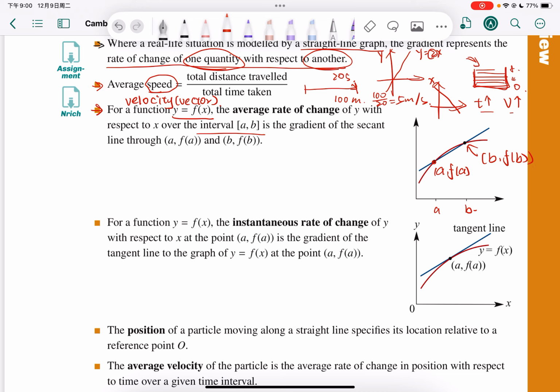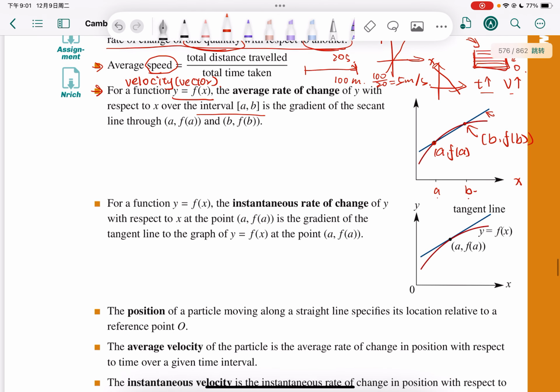So what it's saying is the gradient of the blue line over here represents the secant line through this point and this point. This gradient is called the average rate of change from x equal to a to x equal to b.